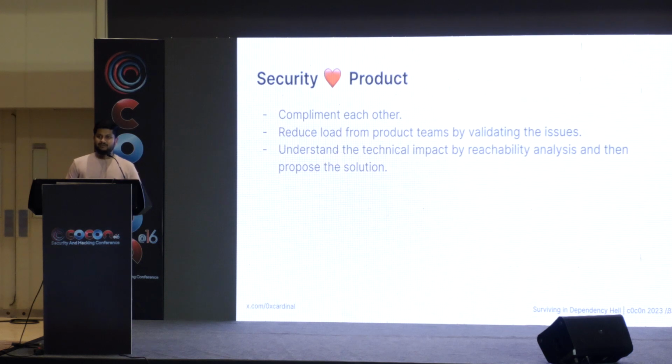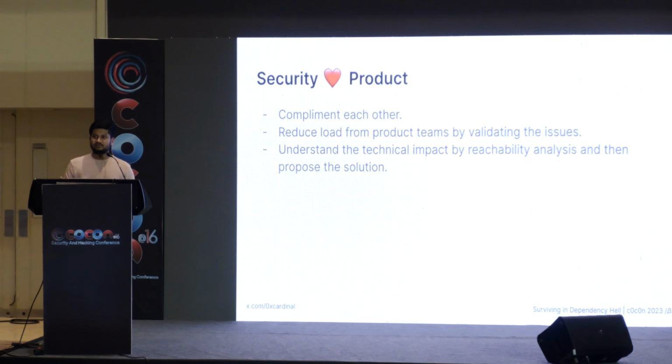Oftentimes it happens that the security team has a list of vulnerabilities that we saw, and we send them to the product team: okay, there are 1,000 vulnerabilities in this package, please fix it. But from our security engineering perspective, we should perform our due diligence and validate if the vulnerability is really impacting the product.